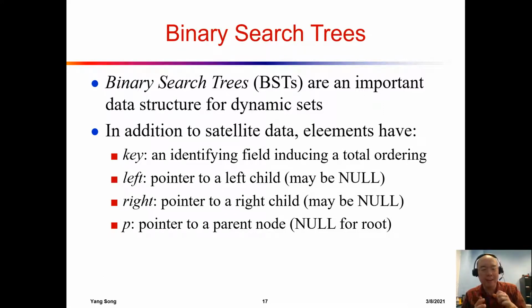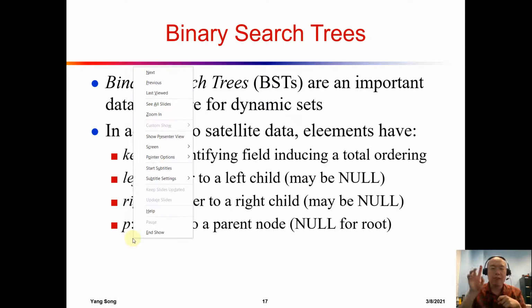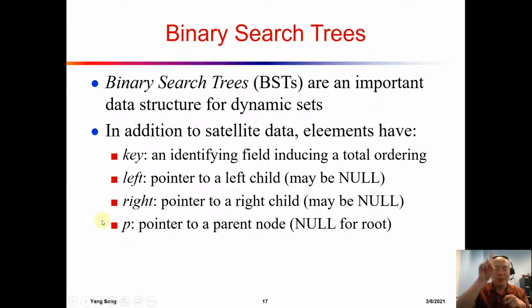And another satellite data could be where we can find the academic probation information, saying whether this student is in academic probation or not. Okay, and then other than the key and the set of data, we also have two cursors, one cursor down to the left child and another cursor down to the right child. And then, well, we also want to have another P, which is the pointer or the cursor pointing to the parent node.